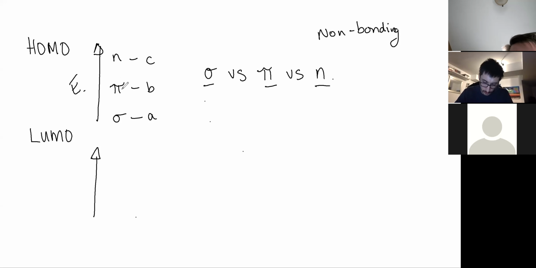And if we were looking at the LUMO levels, the lowest unoccupied, these tend to be sigma star orbitals and pi star orbitals. Which would be lower, the sigma star or the pi star? Right, pi star. So the pi star would be the lowest, and the sigma star would be the highest.